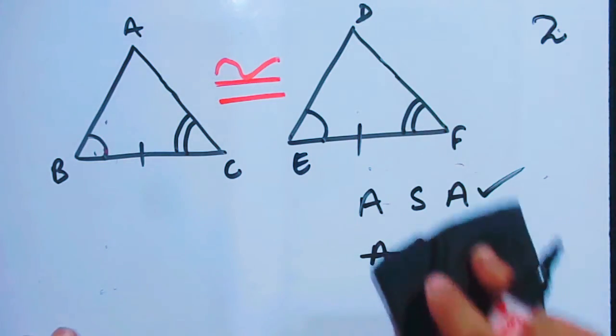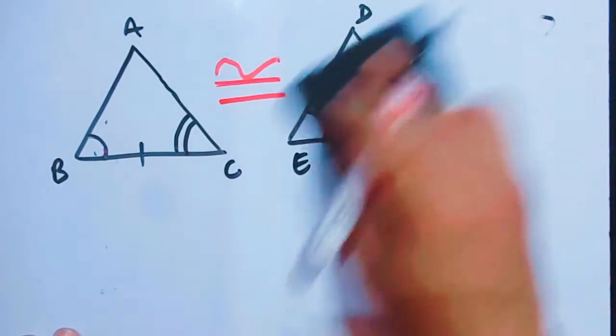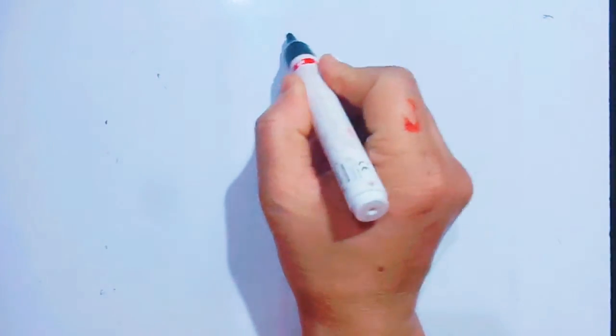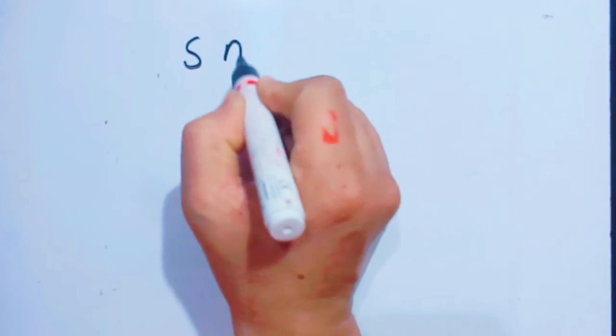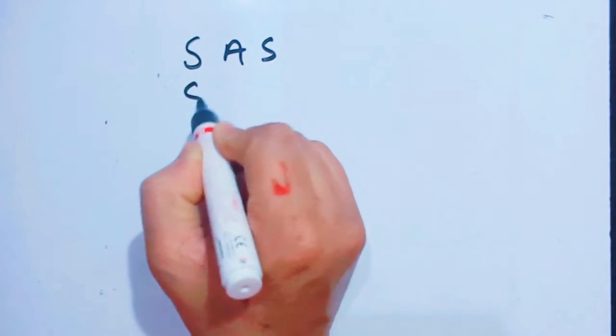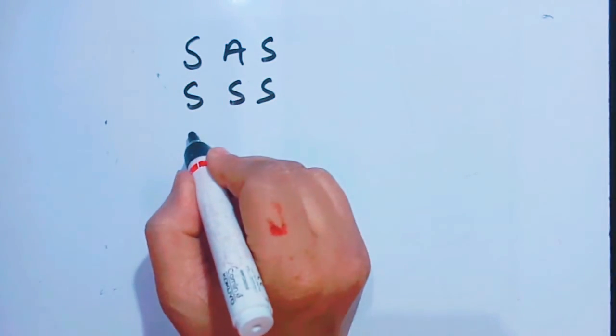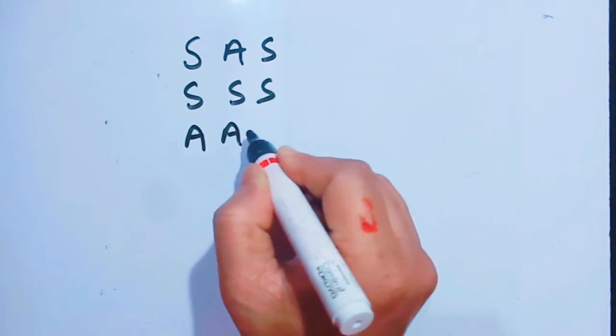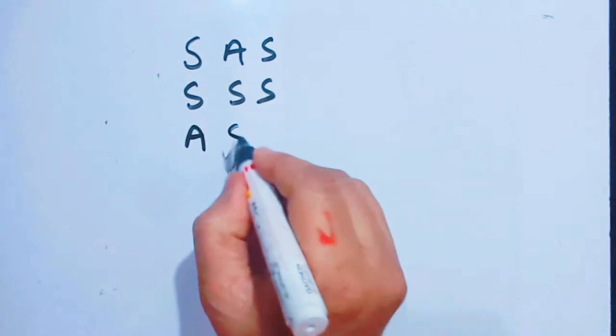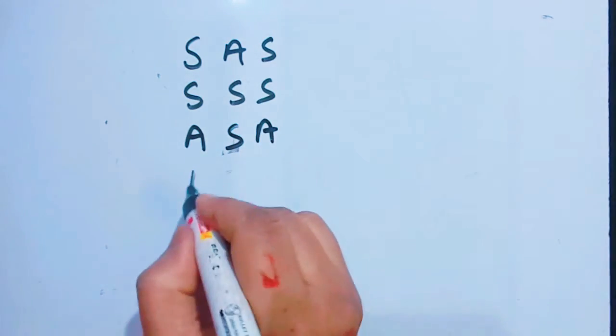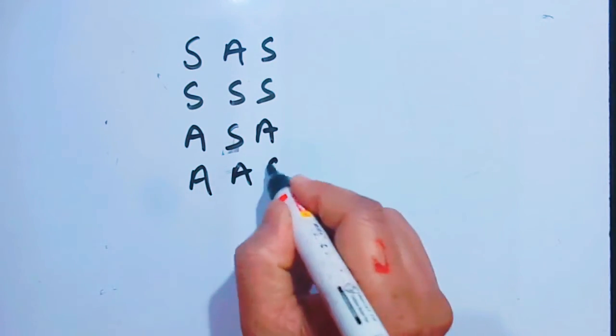Okay, so by now we have studied conditions like side, angle, side, then side, side, side, then angle, side, angle, and then angle, angle, side.